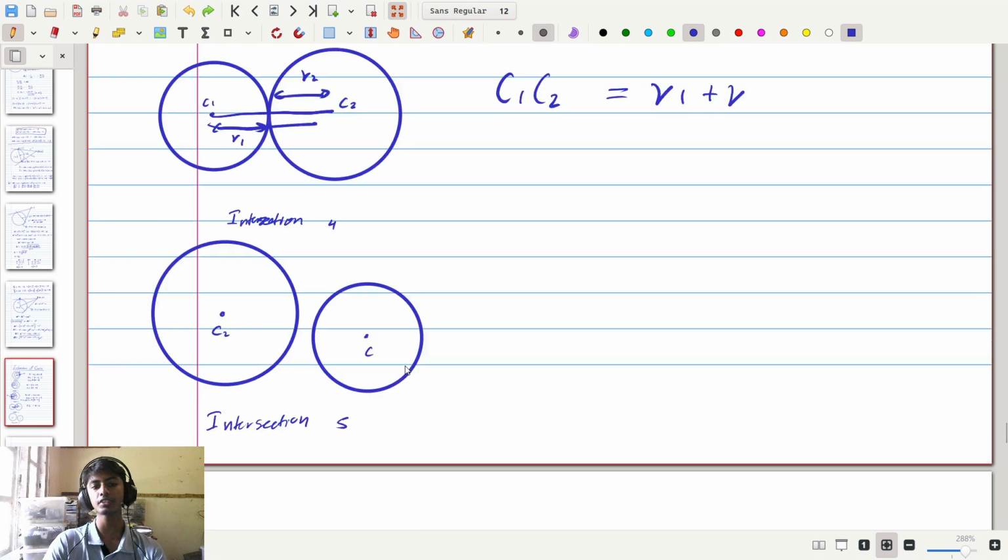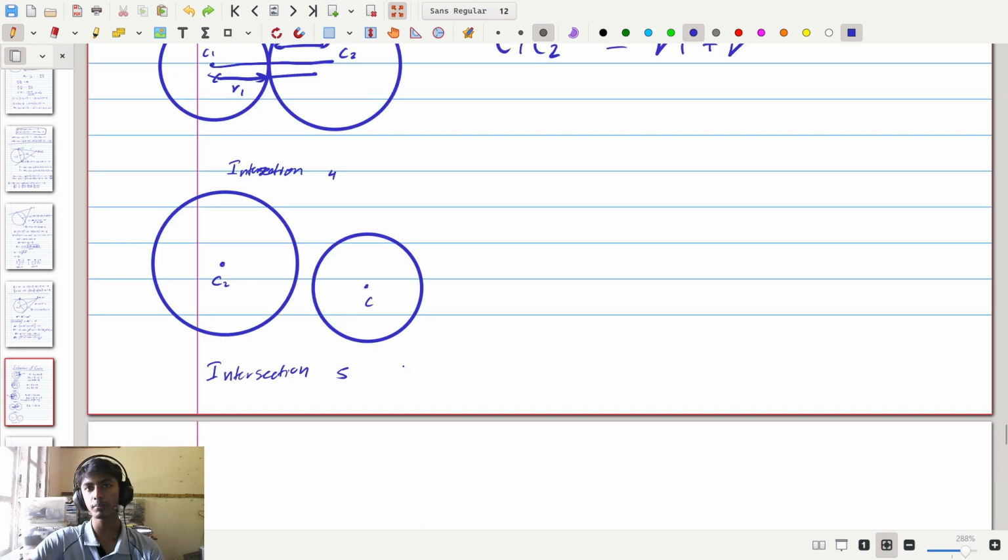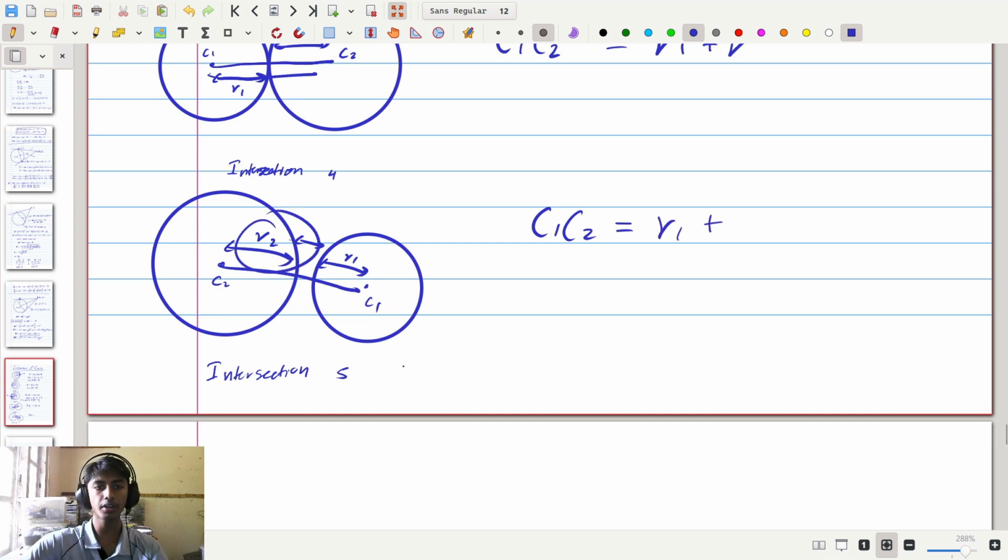Moving on to intersection number 5, if we consider intersection number 5, we can see that if we draw a line between c1 and c2 like this, this distance is r2, this distance is r1, and there's an additional distance delta that we have to consider in order to consider c1, c2. So if we write c1, c2's equation, c1, c2 is the radius r1 plus the radius r2 plus the additional distance which we are calling delta.